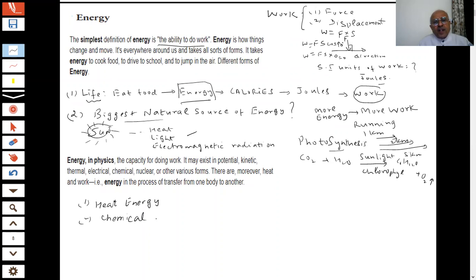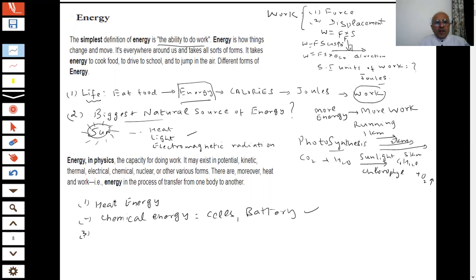Energy stored in chemical reactions. Your cells, batteries, everything runs on chemical reactions. Chemical reactions take place, energy is produced in the cells, in the batteries. You have seen the small cells which you are using. They are providing you energy.